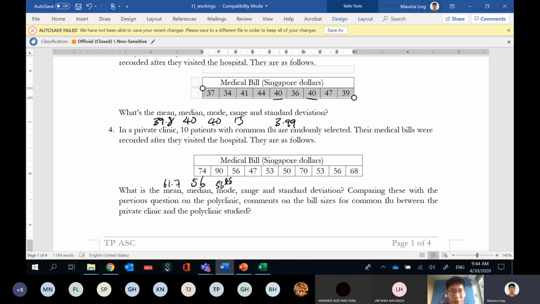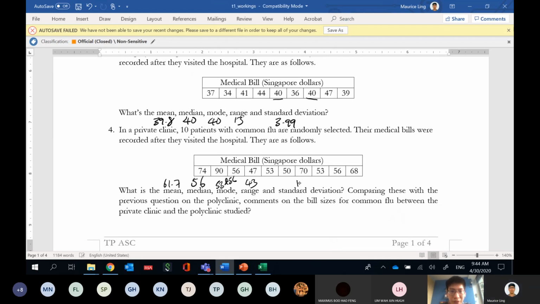The range will be $43. And the standard deviation will be 13.5. Okay, all the numbers are correct. Hopefully you get all the numbers right. Anyone having problems? Anyone did not get all the numbers right?